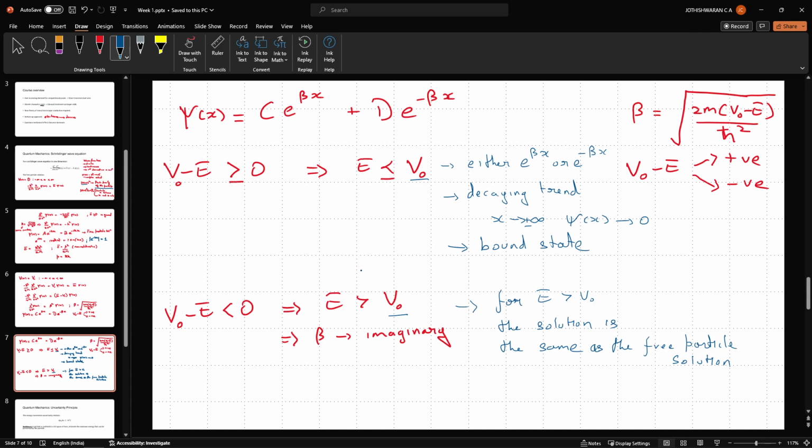So this situation is also not very realistic, because ideally speaking, a given particle cannot travel to infinite lengths. Typically, particles are confined in a finite volume. So more or less the solutions that we shall be looking at will be of the first form, and we shall be looking at how to arrive at such solutions pretty soon.